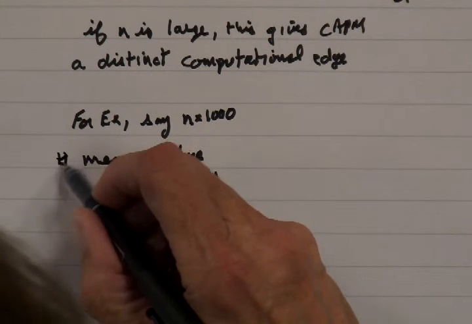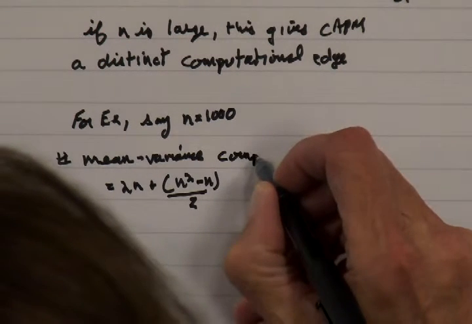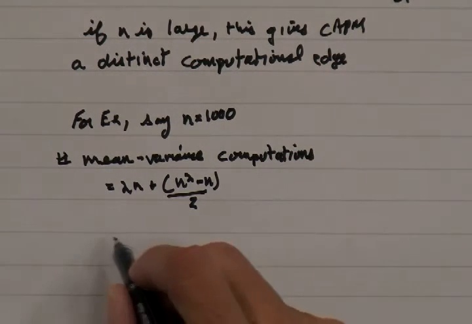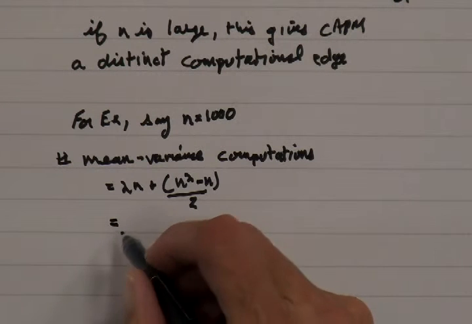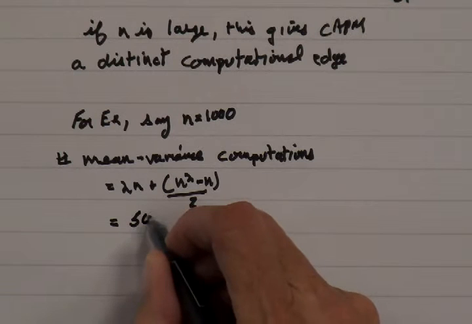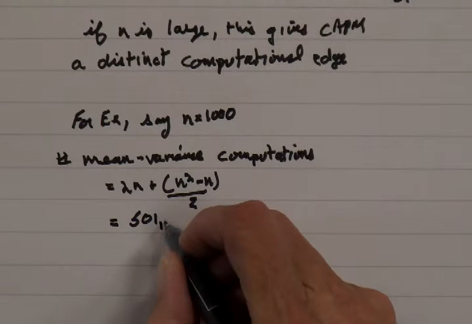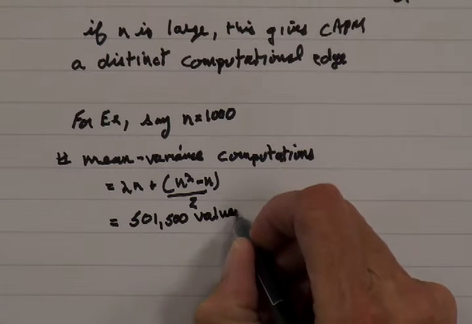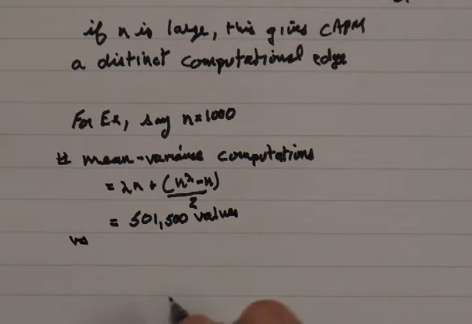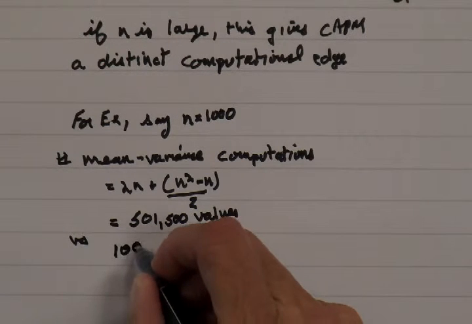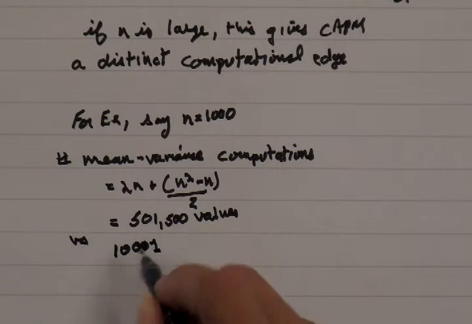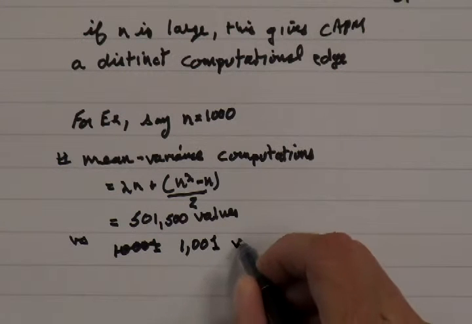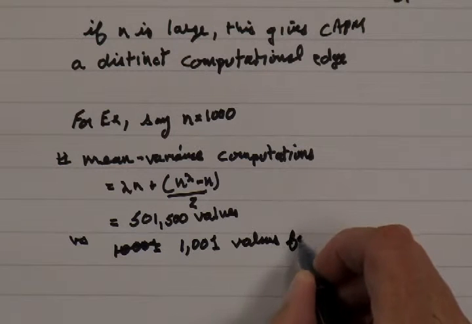And if you calculate this, this is equal to 501,500 values versus 1001 values for our CAP-M.